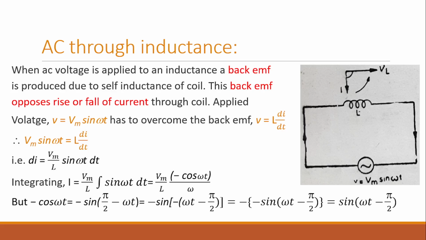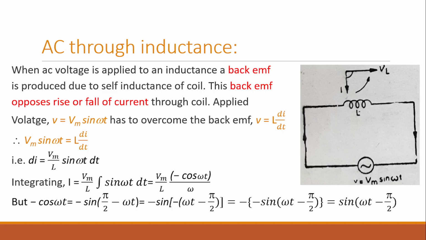So accordingly, voltage across inductance is equal to L, capital L, value of self inductance, into di by dt, that is rate of change of current through the inductance.